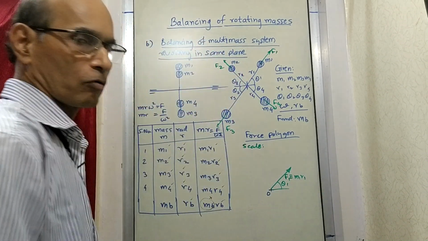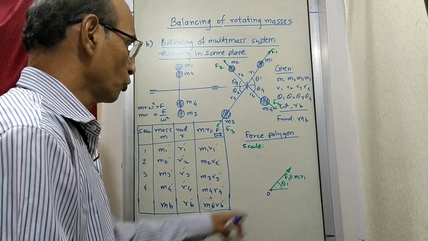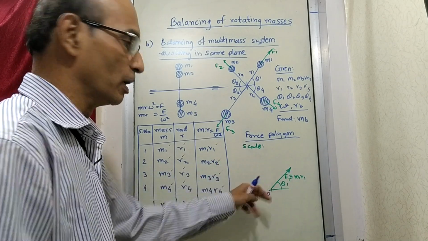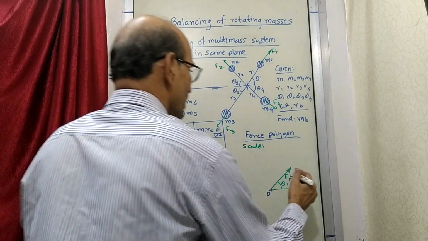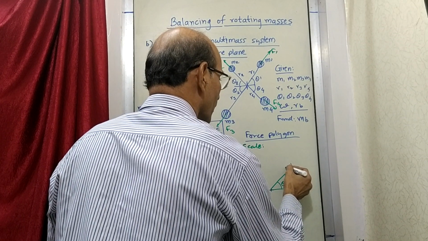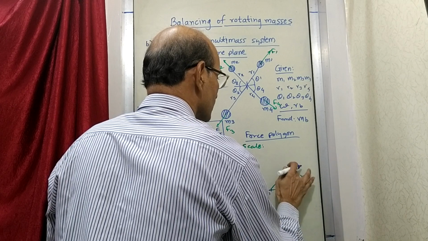It is the same as M1 R1. It is equivalent to M1 R1. So we draw this M1 R1 here. Then we are going to show F2, that is M2 R2. So at this place, we draw the axis with light lines.